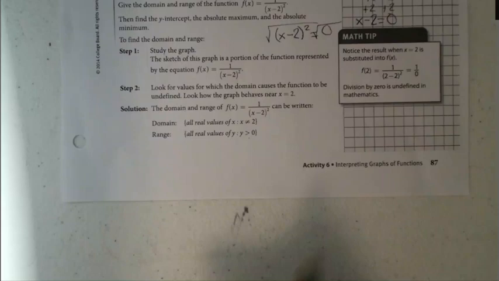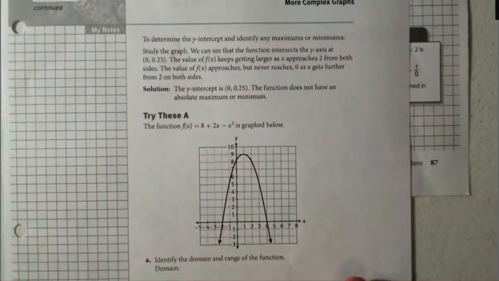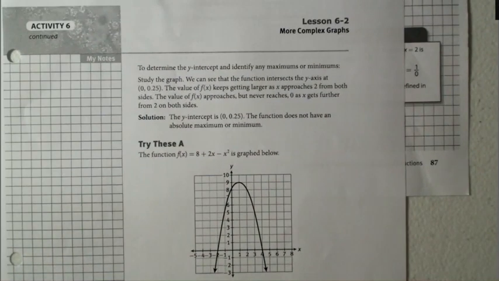Now let's take a look at the rest of this question. It says to determine the y-intercept and identify any maximums. Study the graph. We can see that the function intersects the y-axis at 0.25. The value of f of x keeps getting larger as x approaches 2 from both sides.